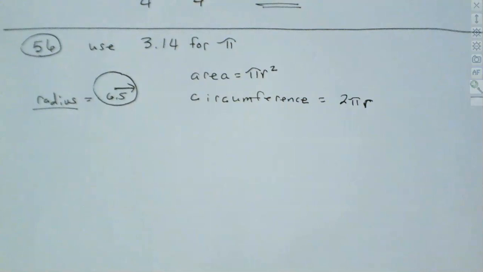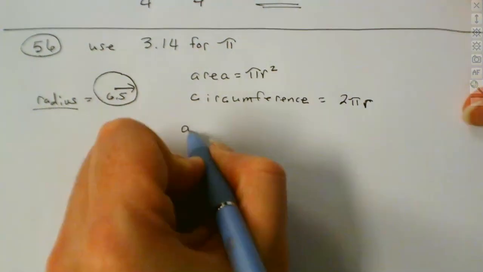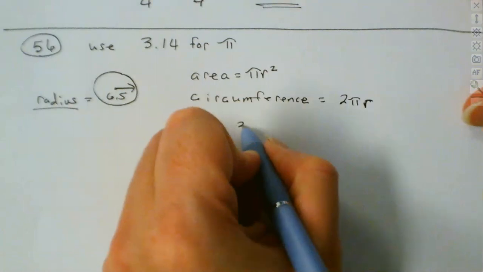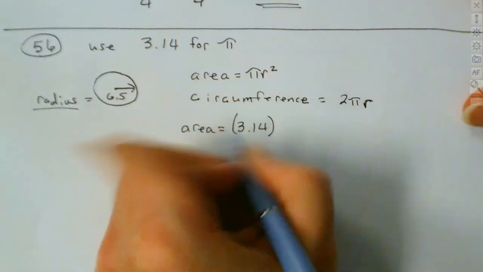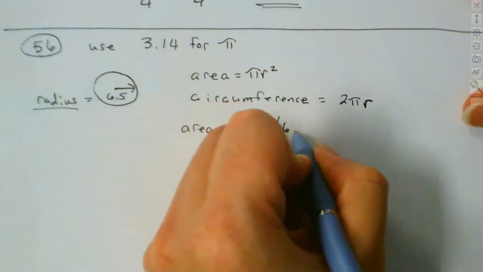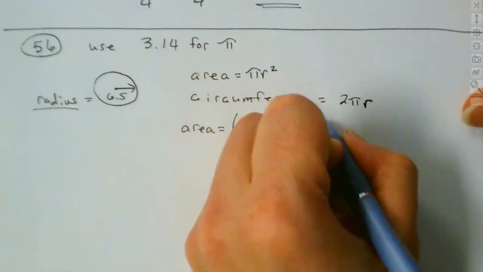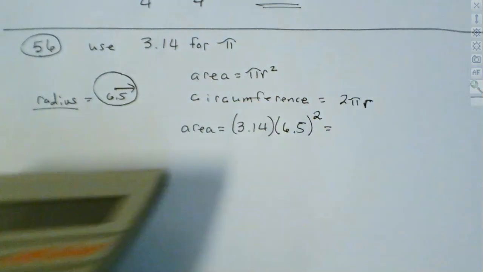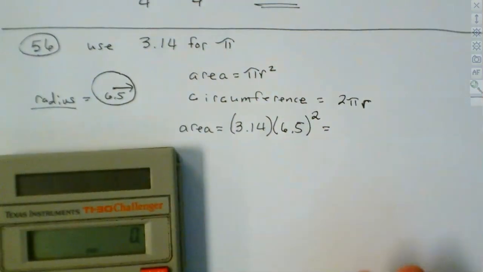Now we can simply plug our values in, and we can work out this question. So let's find our area. All right, so area is going to be pi, which is 3.14, times 6.5, and we have to square it. What does that come out to give you? Okay, well, let's make sure we do it correctly.